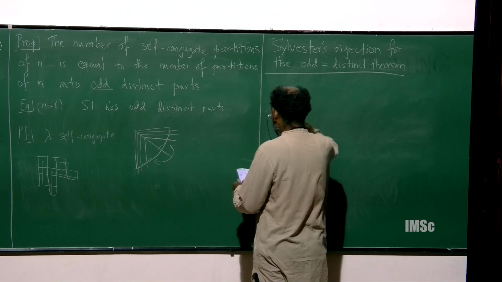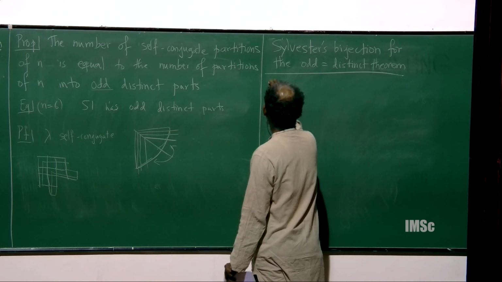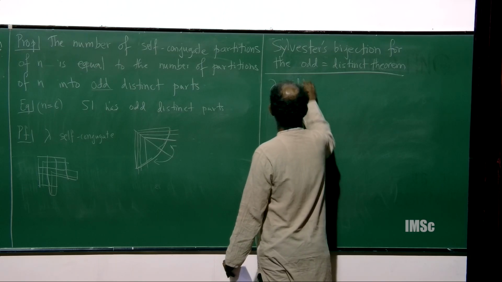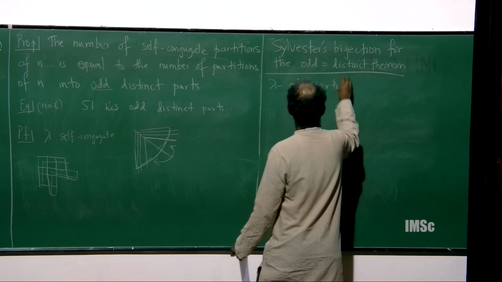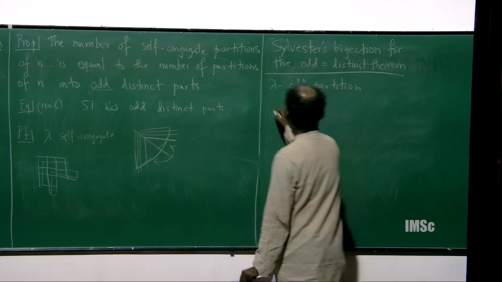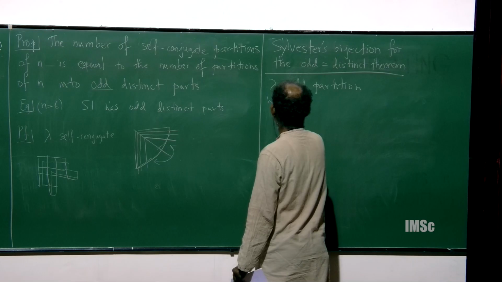You start with an odd partition. So let's say lambda is an odd partition. We'll write the parts of lambda as hooks.